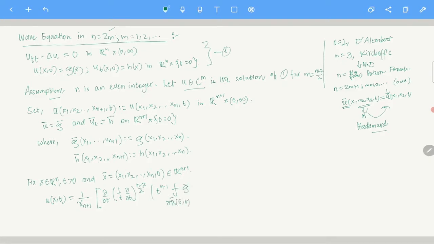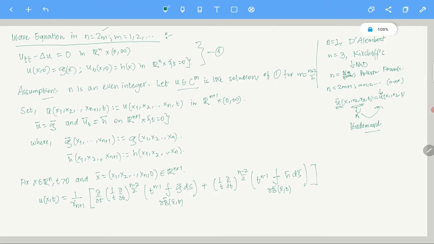The integral of g bar ds, clear? So that is there, plus 1 by t del t whole power (n minus 2) by 2, t power (n minus 1), integral over del B bar (x bar, t) of h bar ds bar, and then we close the bracket. So this is there, and what is B?